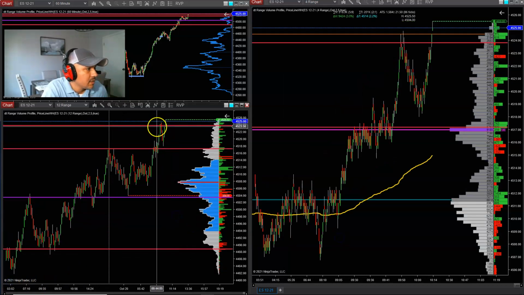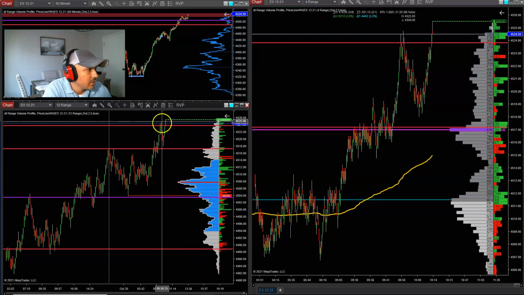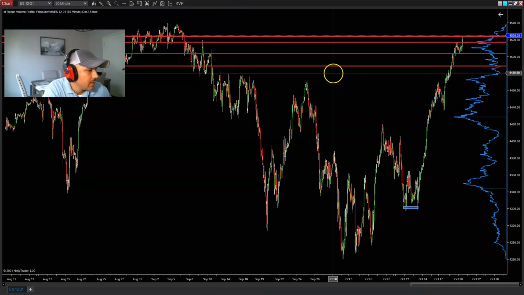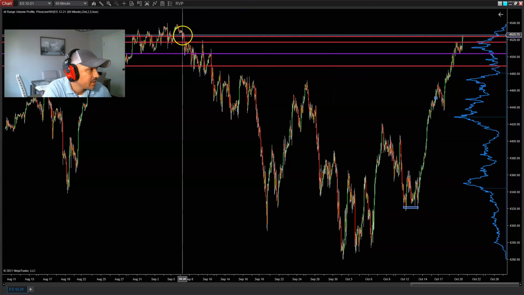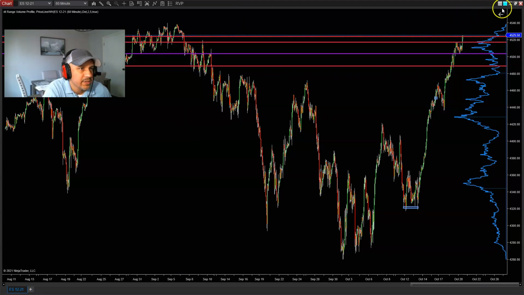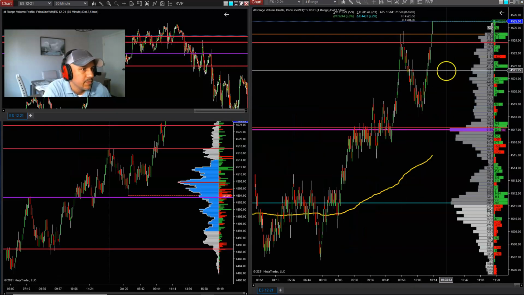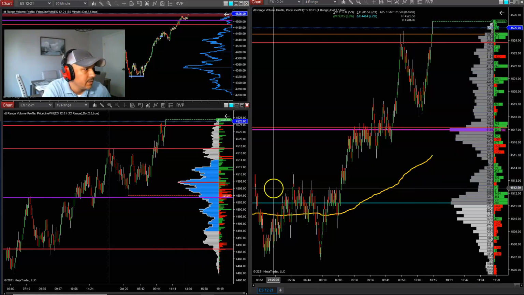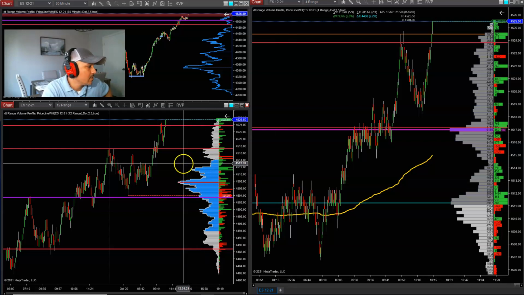All right, so price approached the highs right here. We're rejected out of it. Okay, so we're still testing in that swing area level that I showed you from, I think it was September 6th or 7th, right here in this area. So we have some resistance right here. Let's see what price is trying to do here.